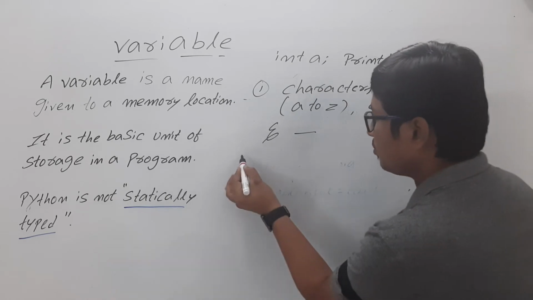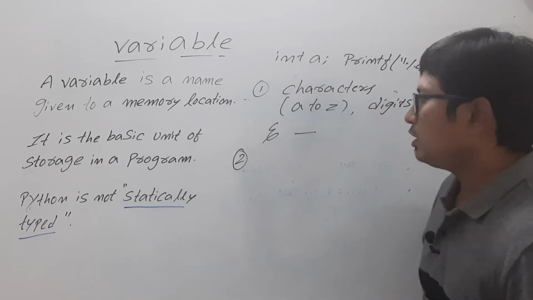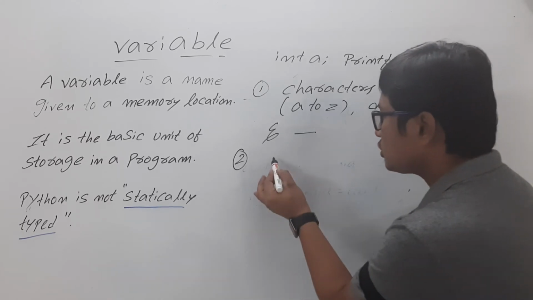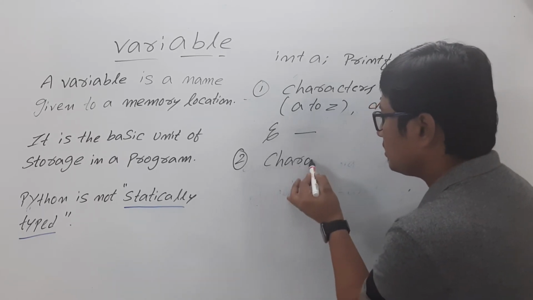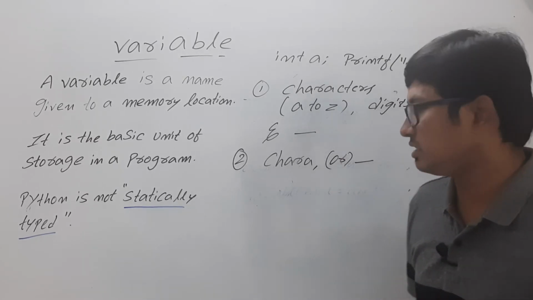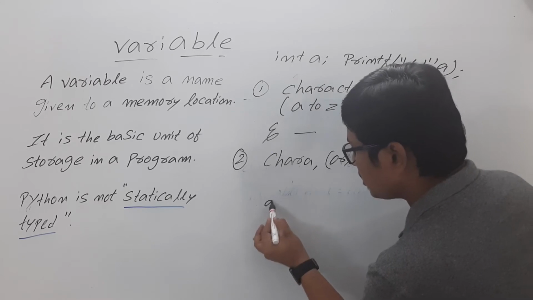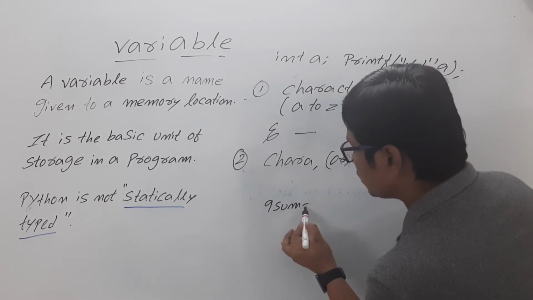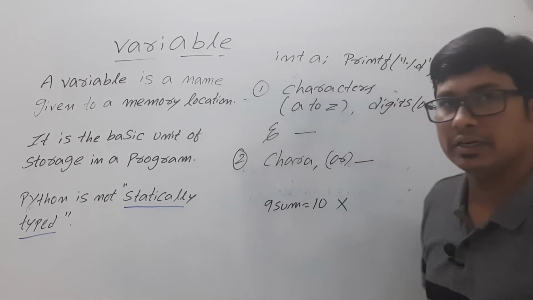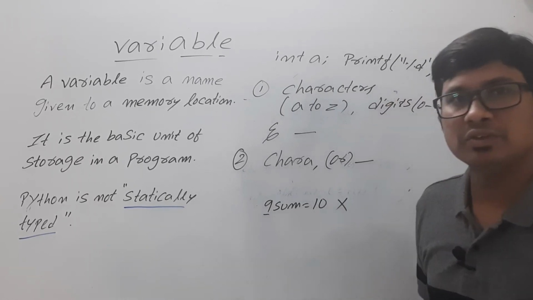And remember one important point. A variable name should either start with a character or with an underscore. It should not start with a digit. Suppose I want to use a variable called 9sum is equal to 10, this is not permitted. It is not a valid variable because the variable is starting with a digit.